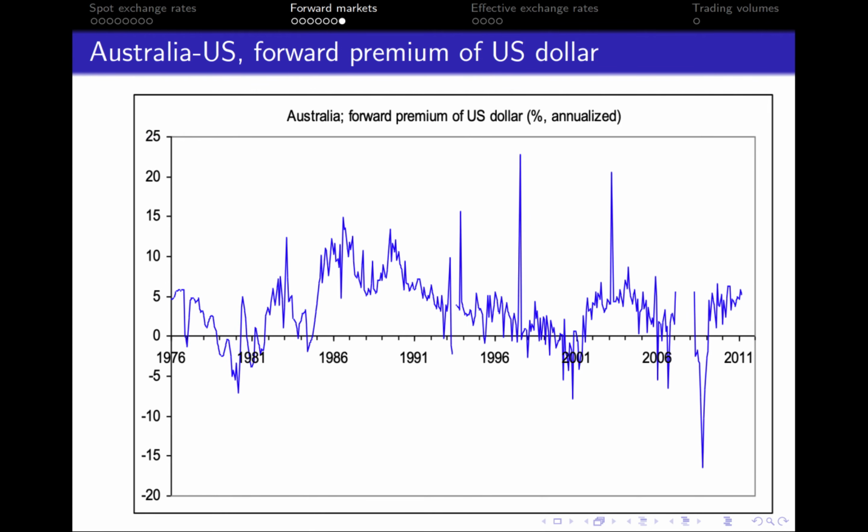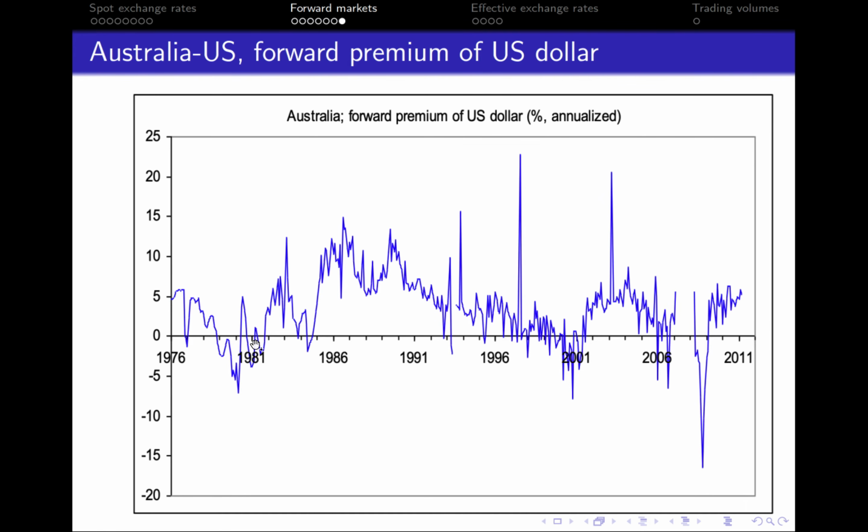Okay, so now let's look at the premiums. Look, as you see over here, those premiums are volatile, and sometimes we see premiums, sometimes we see discounts, and there is also great volatility in them, especially in times of great uncertainty, like over here when we had the sovereign debt crisis.